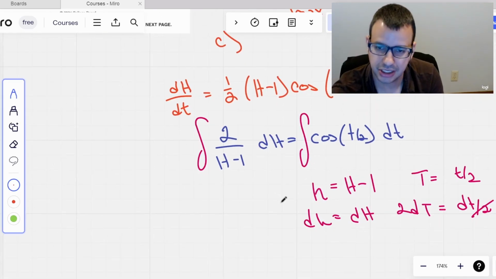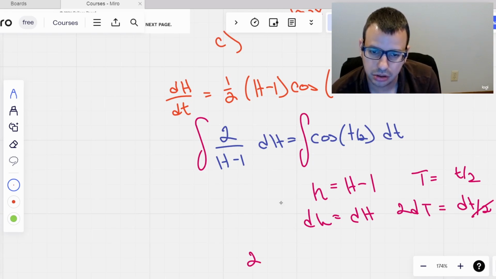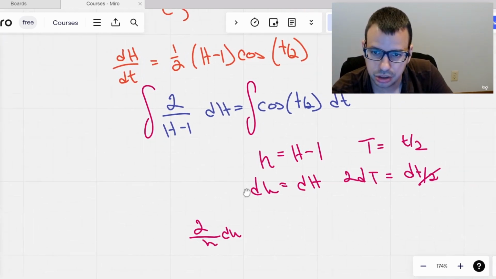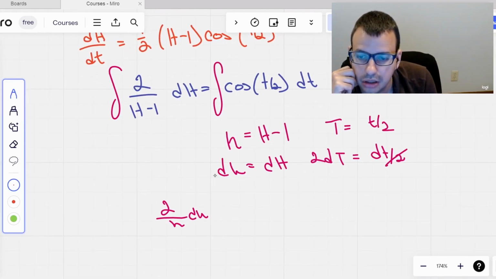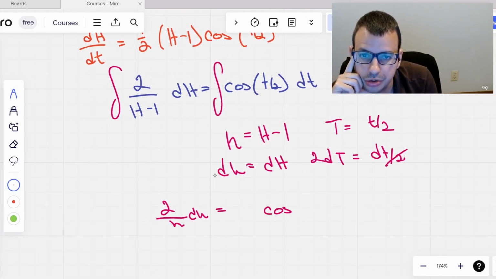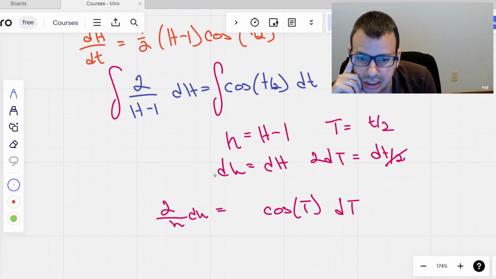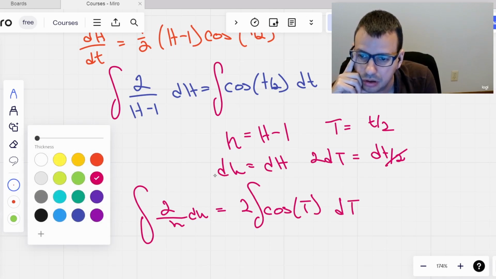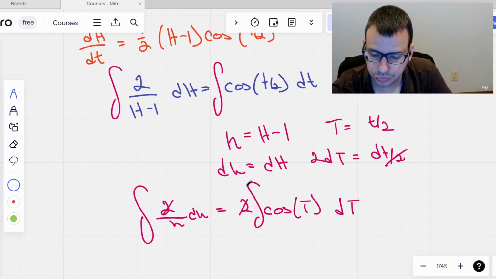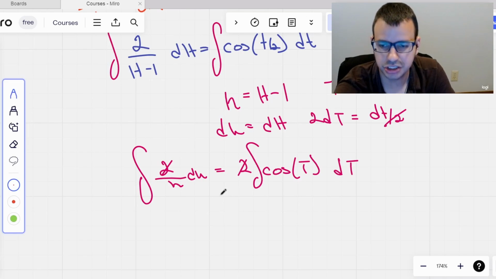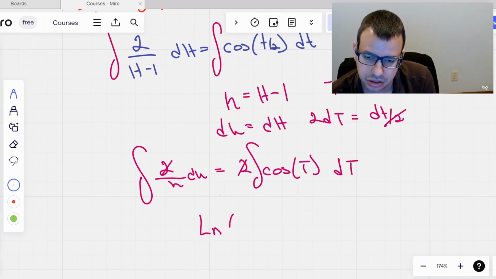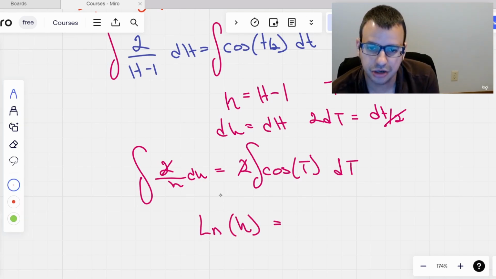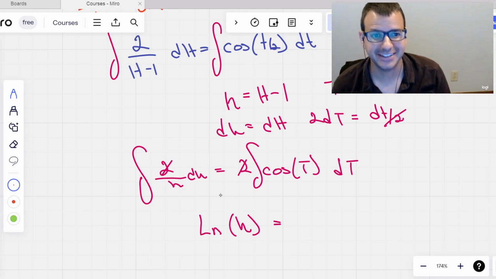So then we can say that 2 over little h dh equals cosine of big T dt. Cancel the 2's. Integral of 1 over h is going to be natural log of h. And the integral of cosine is positive sine.